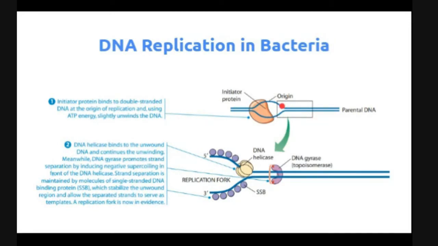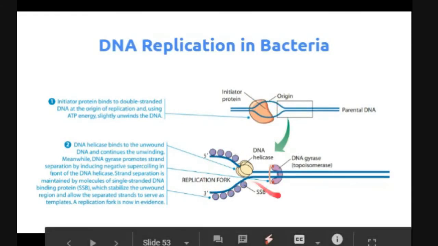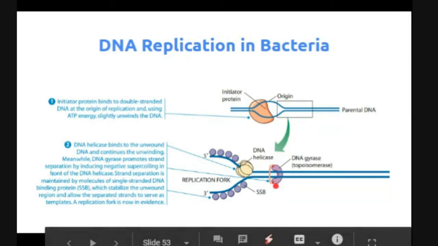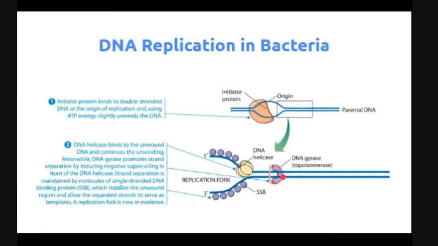Okay. Now, once meron ka ng origin of replication, you will form your replication fork. And in your replication fork, you will see your DNA gyrase for bacteria or topoisomerase in eukaryotes. And this solves the unwinding problem in the DNA. It removes the torsional stress when you stretch out your DNA. And next is your helicase.